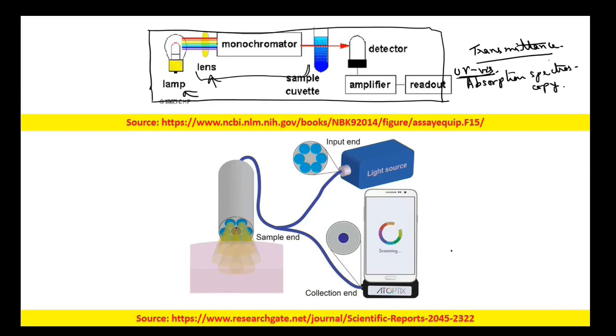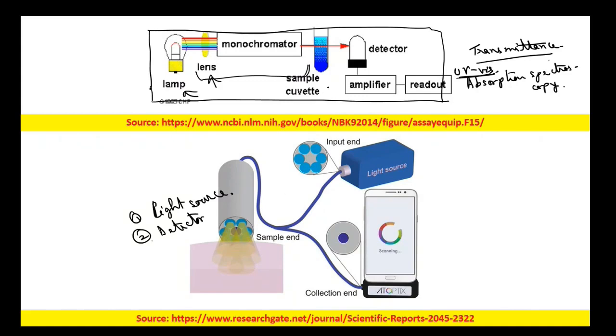And the second one is the reflectance spectrophotometer. If you see, you have the sample over here. Now, in your probe, both the light source and the detector are on the same side of the sample.